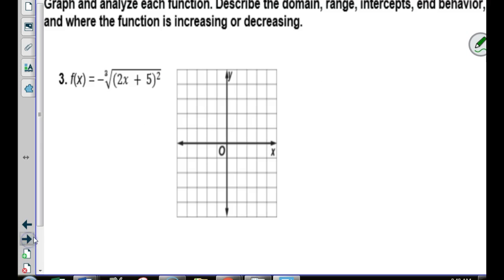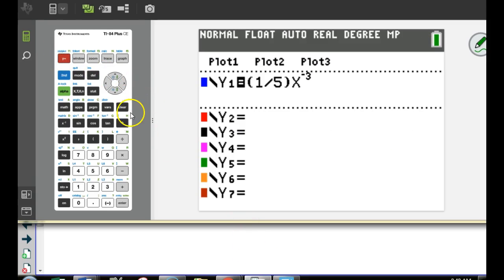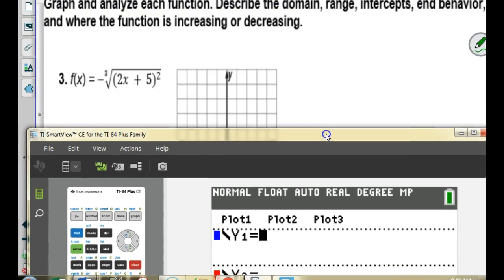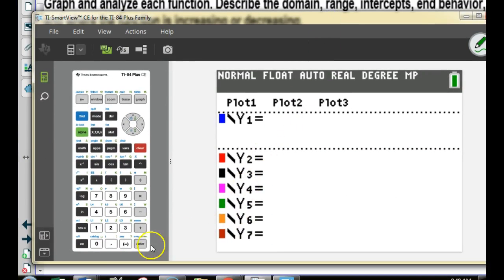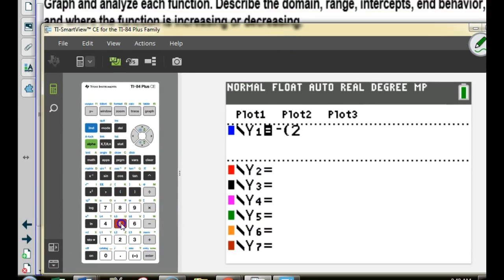All right, so let's try this. Is it a cube root? Okay, a negative. And then I'm going to do this differently. It's the same thing. You can use the cube root button, but I hate using the cube root button. It's 2x plus 5.